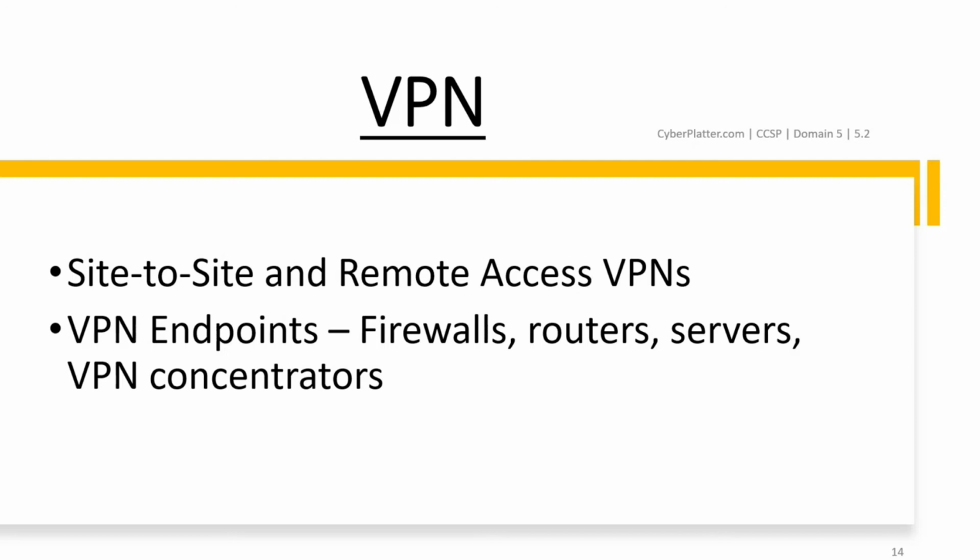If we don't have a high volume of VPN traffic, we can choose to use the firewall, router, or server approach. If we go that way, we should be aware that VPN traffic requires resource-intensive encryption, and unlike VPN concentrators, firewalls, routers, and servers usually don't contain specialized hardware that accelerates encryption. Using them as VPN endpoints can cause performance issues.